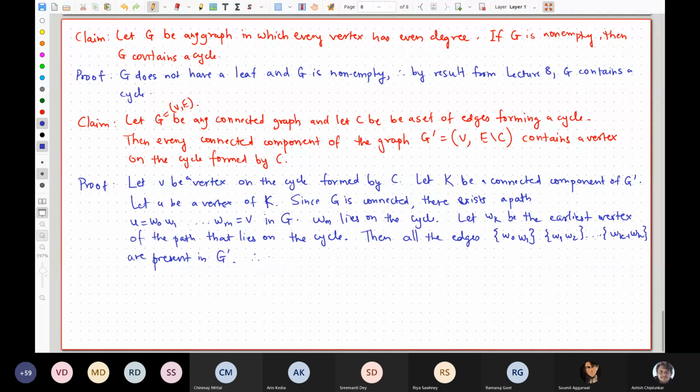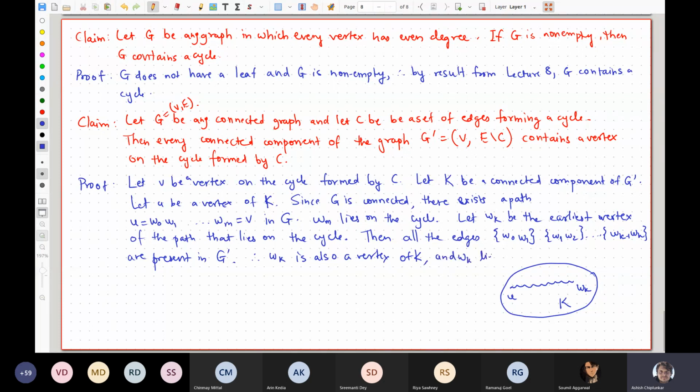And therefore wk is also a vertex of K. Why? Because u is a vertex of K, and there is a path from u to wk in G prime. So wk must belong to the same connected component as u, which is K. So wk is a vertex of K which lies on the cycle.